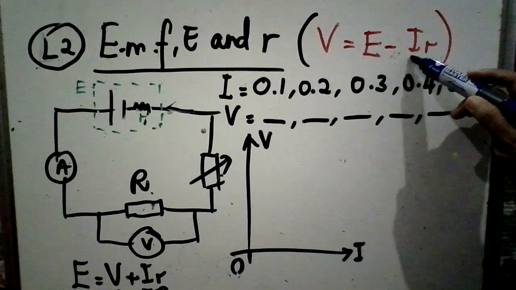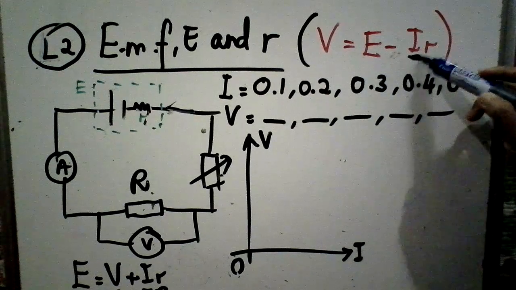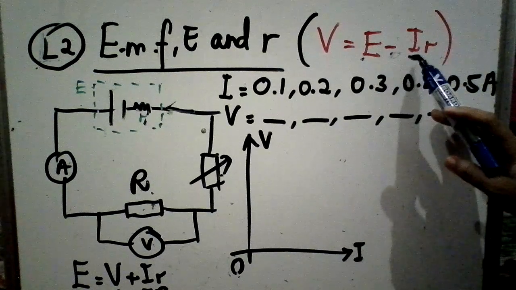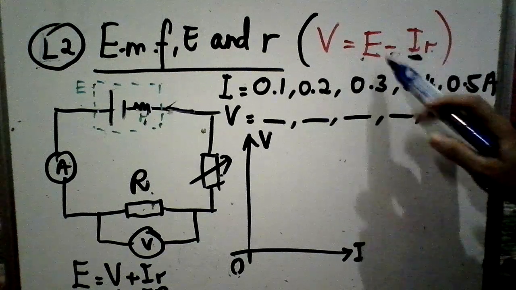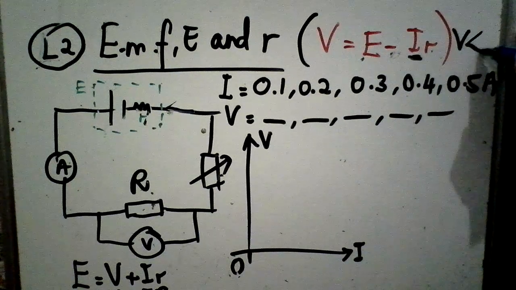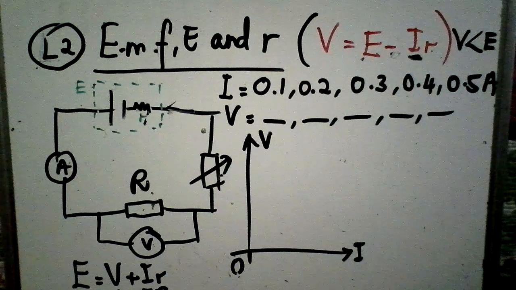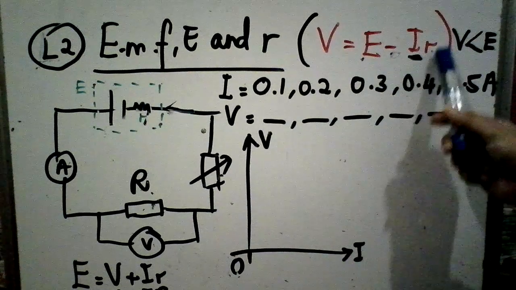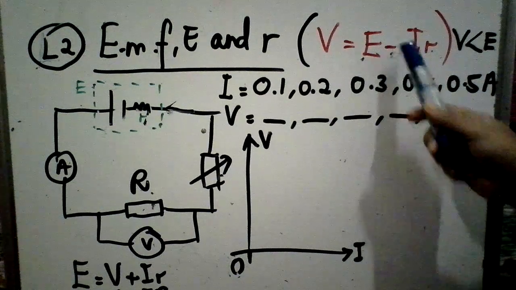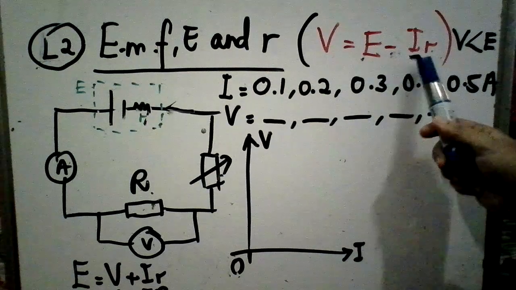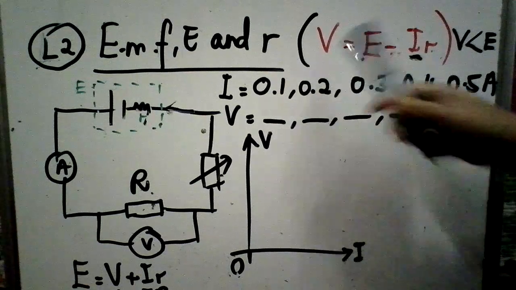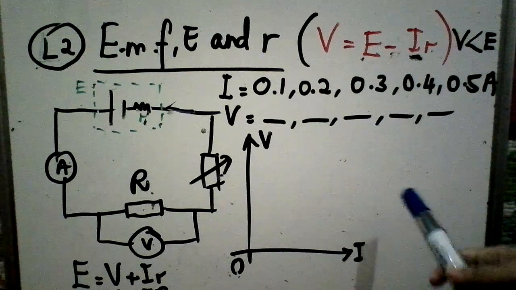When there is current I flowing in the circuit, there will be a voltage loss, meaning the reading of the voltmeter becomes smaller than E. As you can see, when the value of I increases, E will minus a larger value, thus the value of V decreases.